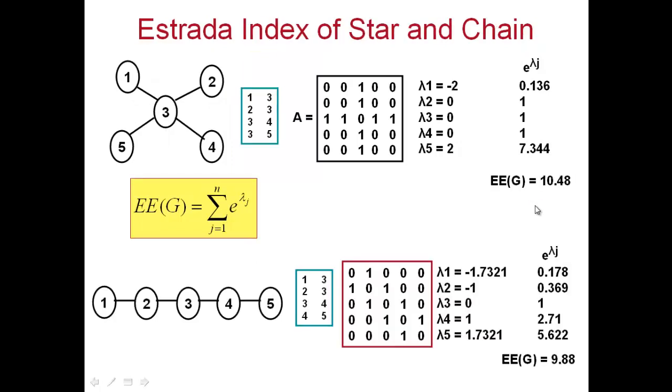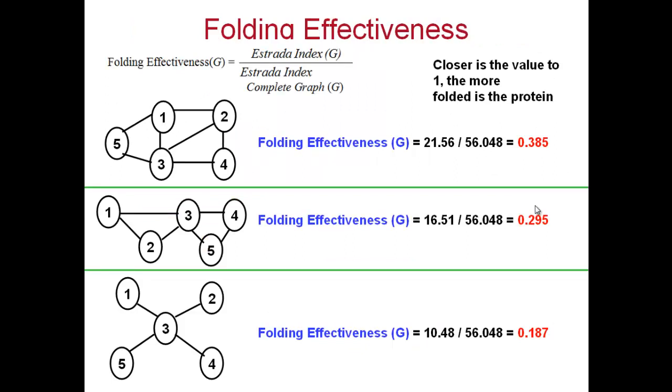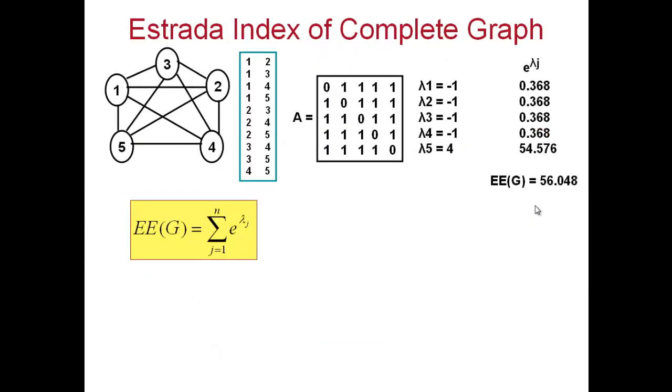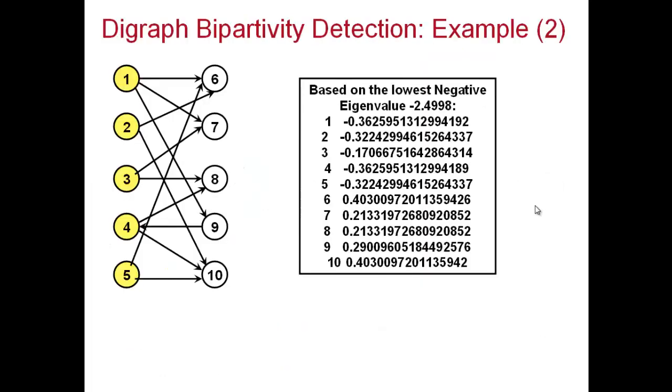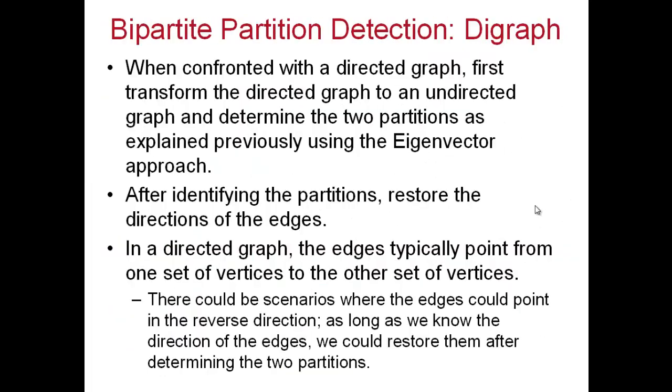So that is another property. That means the ratio will go down as you go more toward a chain of vertices compared to a complete graph. So that is something you need to know about this folding effectiveness, and it is used for protein analysis to quantify the extent of protein folding.